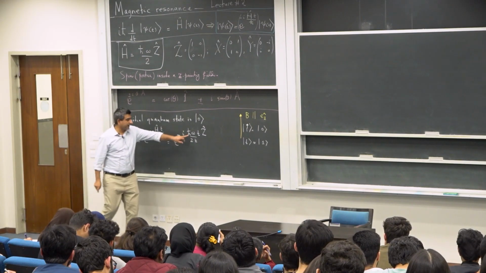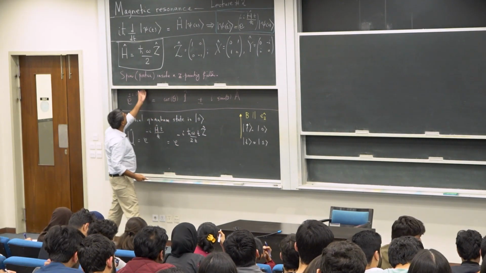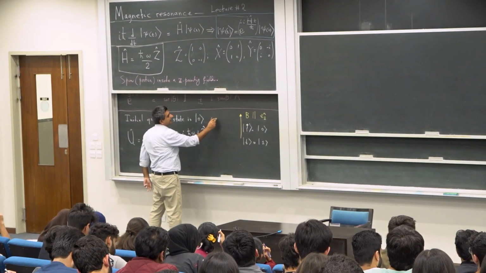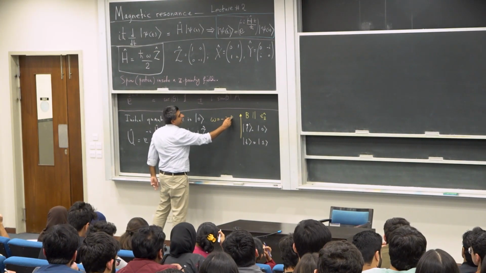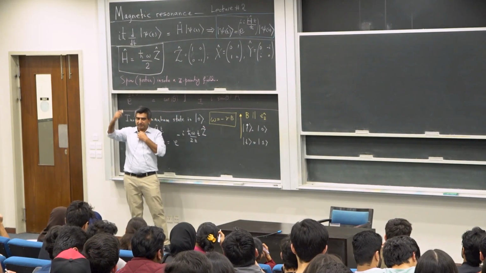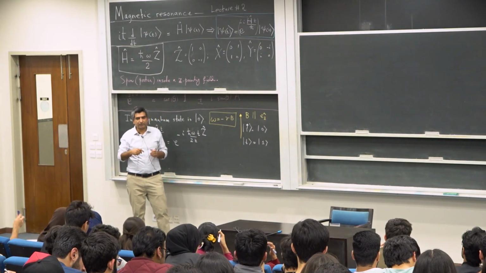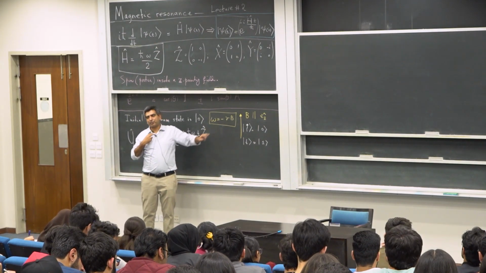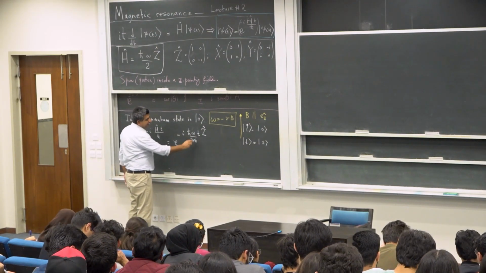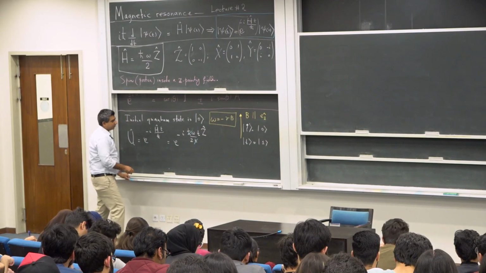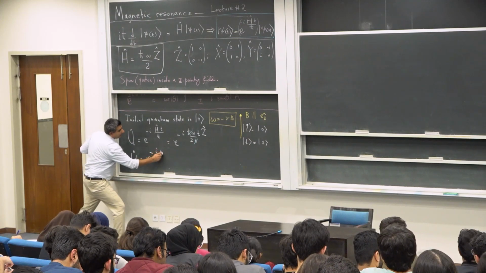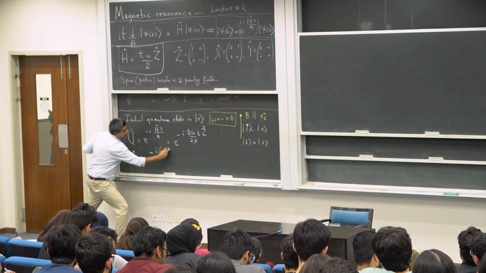All right, this omega is given by minus gamma B. So it's proportional to the magnetic field. Higher the magnetic field, higher will be this frequency. Omega has dimensions of frequency, and gamma is a constant of proportionality. We've derived this in the previous class. So if you look at this expression, the h bar goes away, and my U becomes e to the minus i omega t over 2 Z.